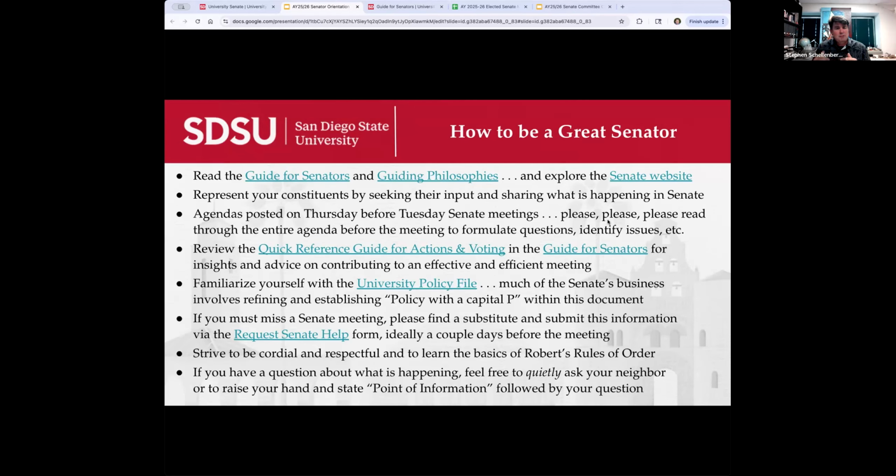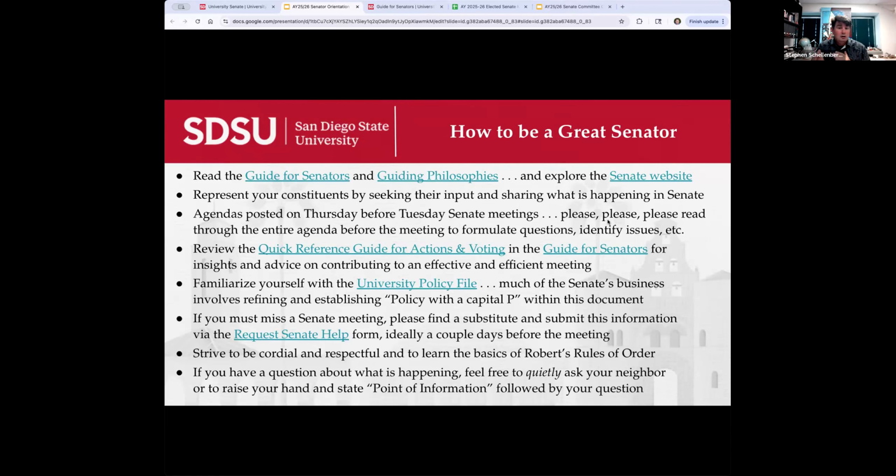In the words of Sabrina Carpenter, please, please, please read through the entire agenda before the meeting. We do this because we want the meetings to be effective and efficient. People come up with better questions and identify things that should have been talked about earlier if they will read through the agenda beforehand and formulate questions.